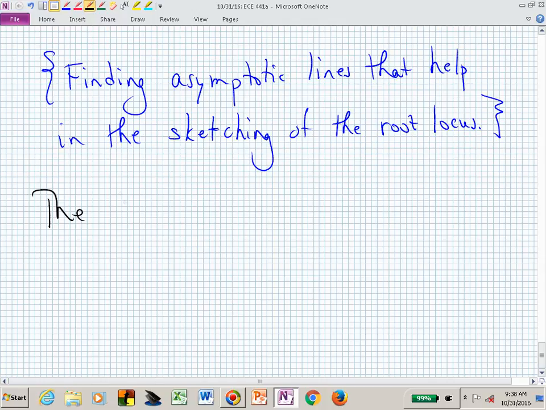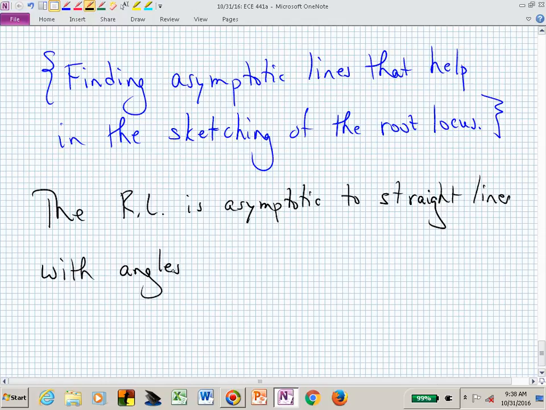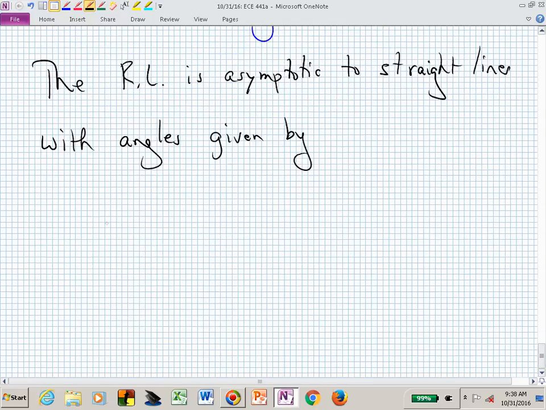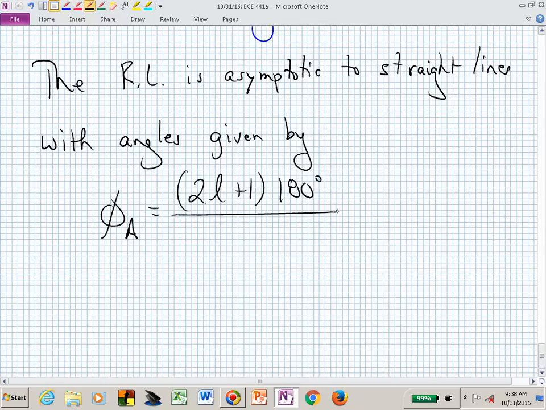The root locus is asymptotic to straight lines with angles given by phi sub A equaling 2L plus 1 times 180 degrees divided by P minus Z. P being the poles and Z being the finite zeros.